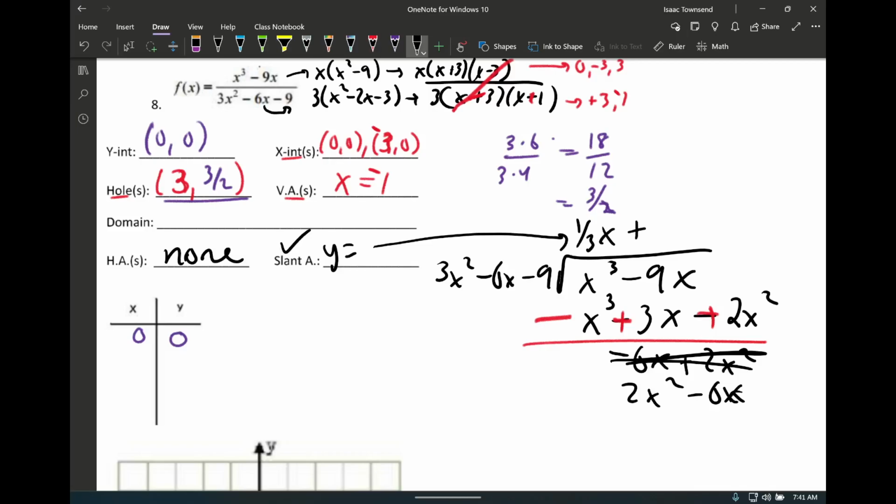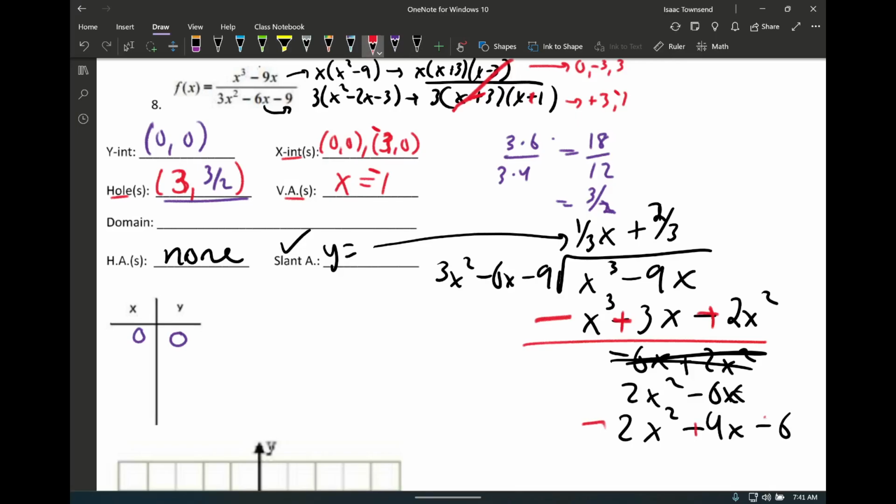So I could divide by 3. 1/3 times 3 would give me 1. Make it 2/3. 2/3 times 3 gives me 2. And then 6 divided by 3 would be 2. Times 2 would be 4. And 9 divided by 3 would be 3. Times 2 would be 6.